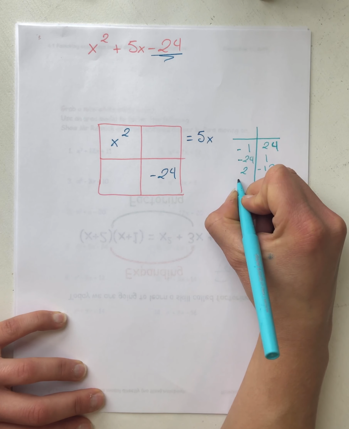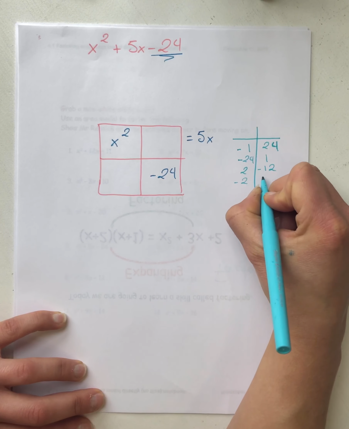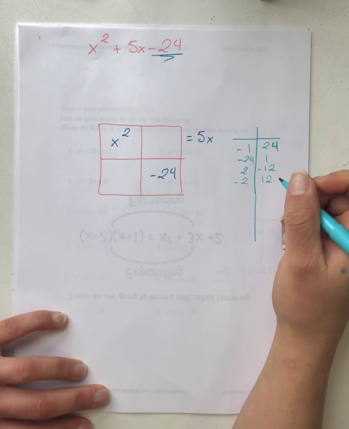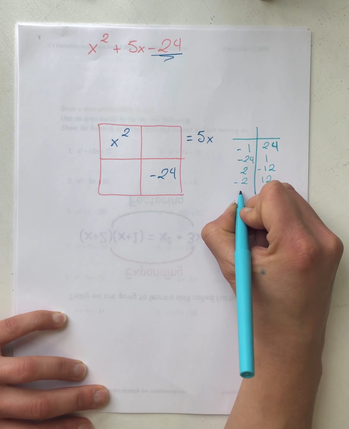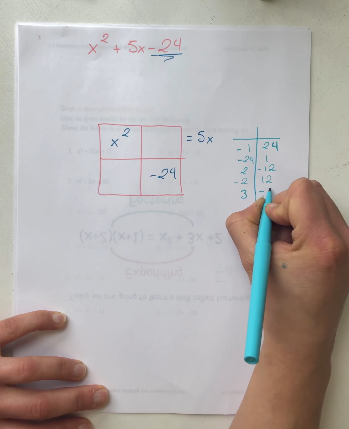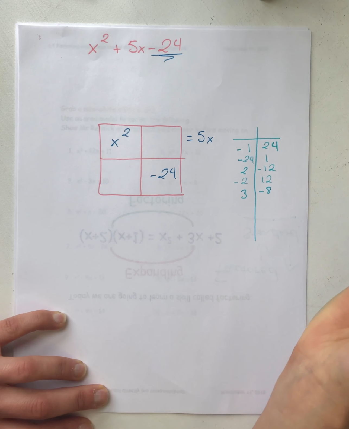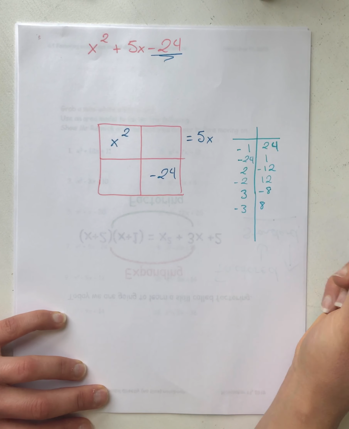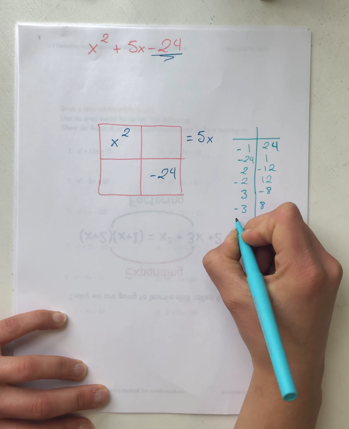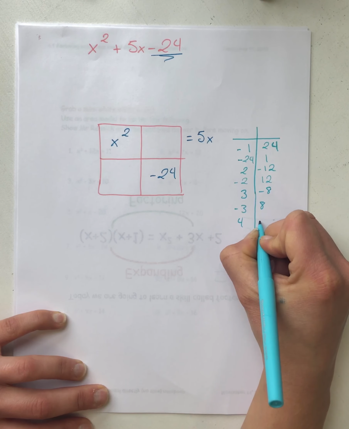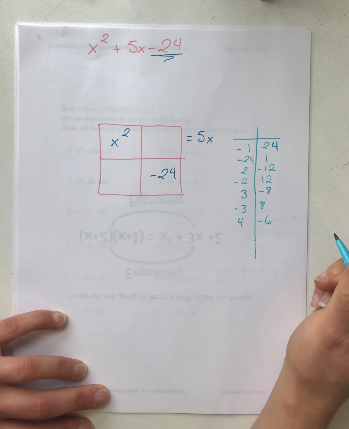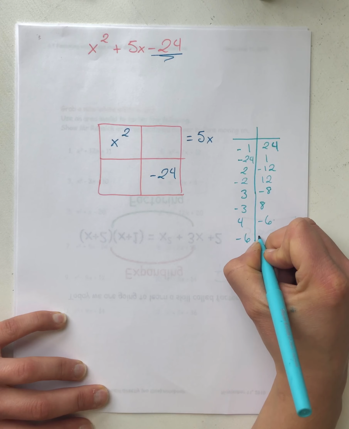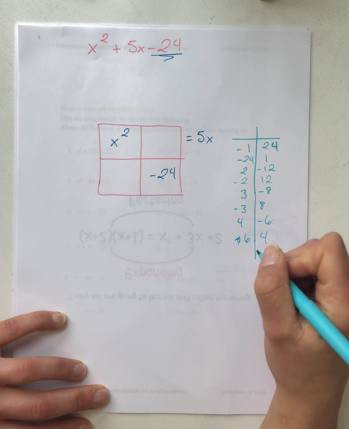We can do negative 2 and 12. We can do 3 and negative 8, or negative 3 and positive 8. Or we can do 4 and negative 6, sorry, positive 6 and negative 4.